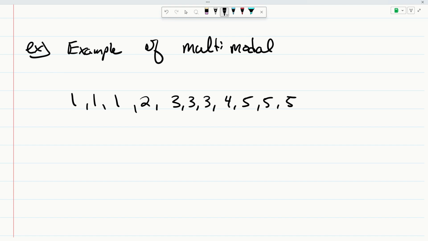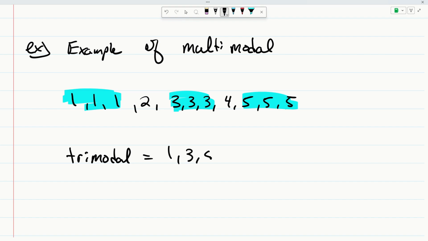Here we have data, and this is what we call trimodal, because the numbers that are repeated the most are 1, 3, and 5. So in this situation, it would be really difficult to make a decision because it's multimodal. This is trimodal.